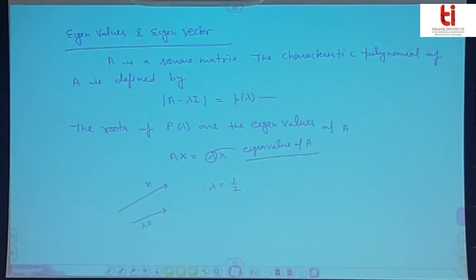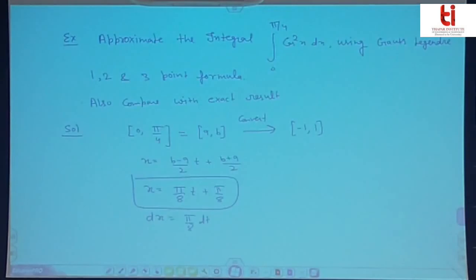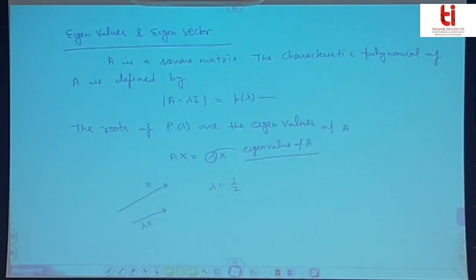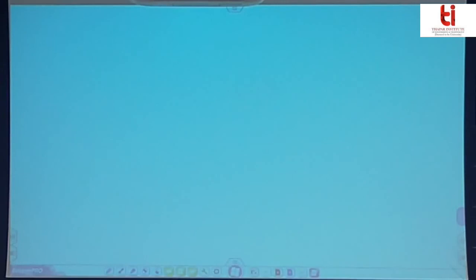Okay, so how to compute eigenvalues? Let us explain it with the help of an example. There is a matrix 2, 0, 0; 1, 1, 2; 1, minus 1, 4.